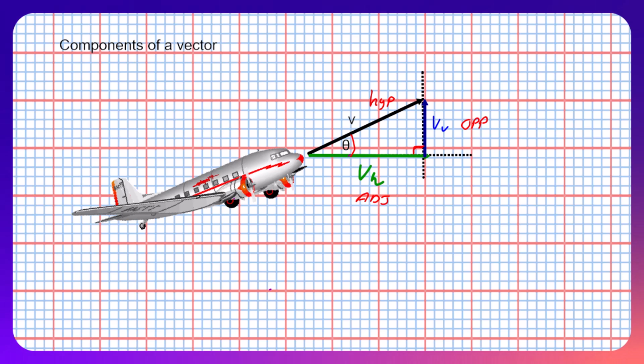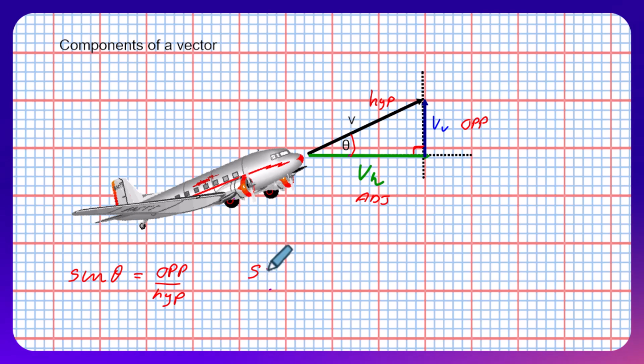Now to find the values of the horizontal component and the vertical component. If we take sine theta first of all, we have sine theta is equal to the opposite over the hypotenuse. We know that from our trig laws, that sine theta is going to go to the opposite side of the triangle divided by the hypotenuse side of the triangle.